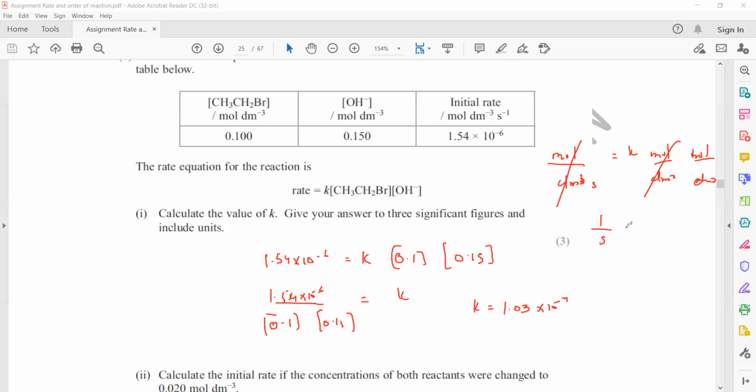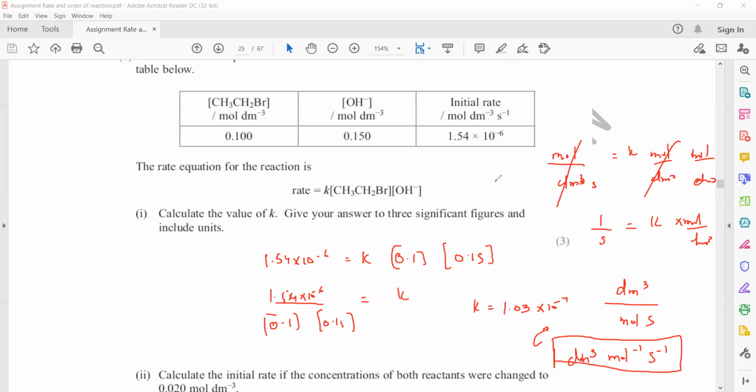So 1 over second equals K times mole per dm cube. Dm cube is divided, so on the other side it will be multiplied, so it will be dm cube. Mole is multiplied, so on the other side it will divide, so it will be mole and second. Or we can say dm cube to the power 3 mole inverse second inverse. So that will be the unit of K. Is this part clear? Yes, sir.